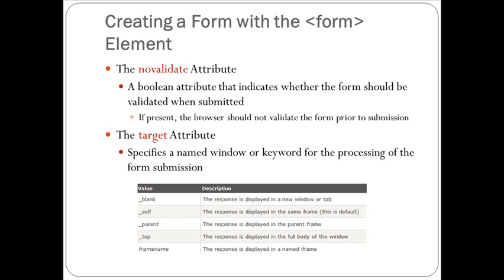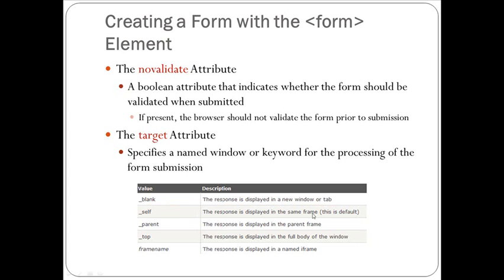The target attribute specifies a named window or a keyword for processing the form. The most popular one you're going to run into is _blank. That's going to open up in a new window or a new tab as the browsers do now. _self is the default.